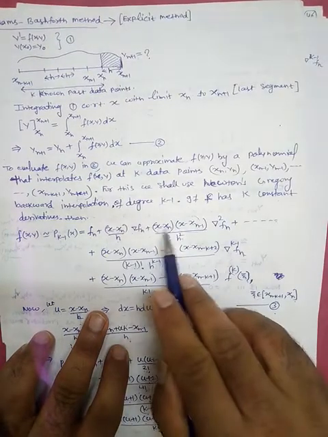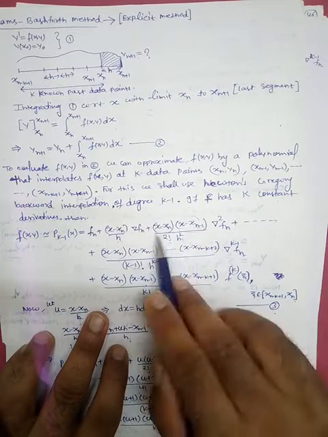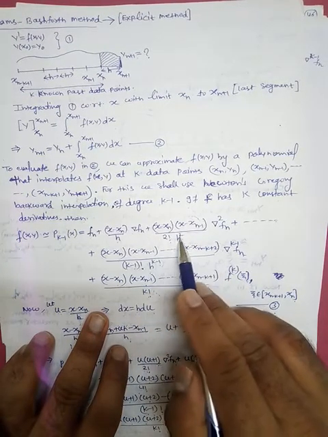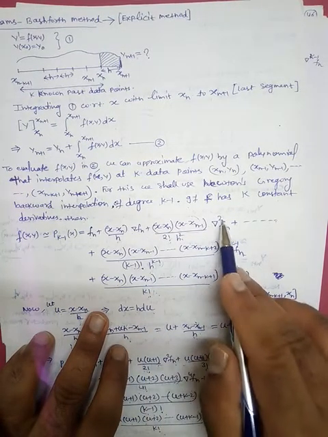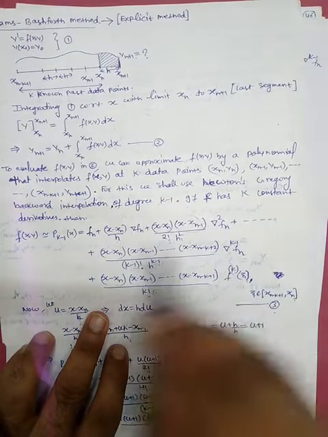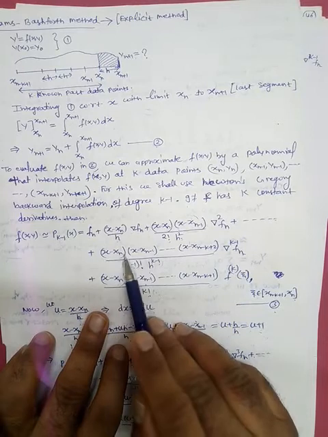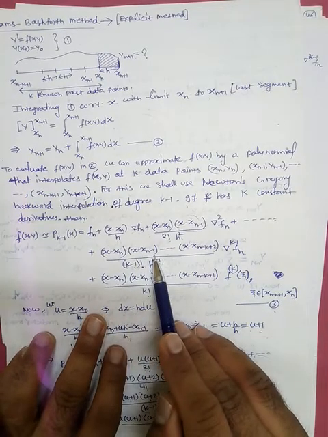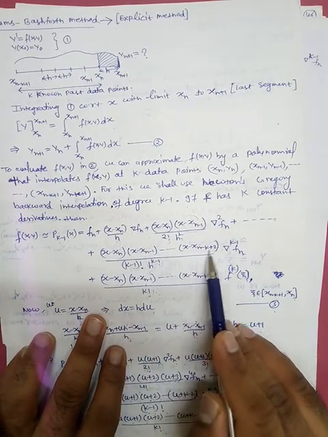So x minus xn minus 1 divided by factorial 2 into h square, and then the second order nabla fn, and so on. And this will be the second last point, x minus xn minus 1 up to x minus xn minus k plus 2.